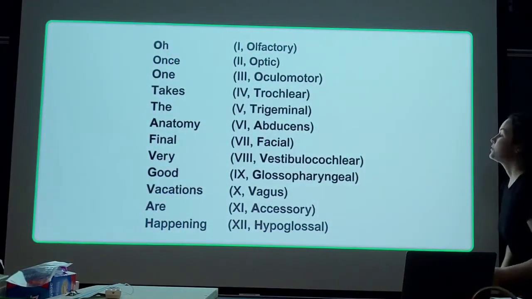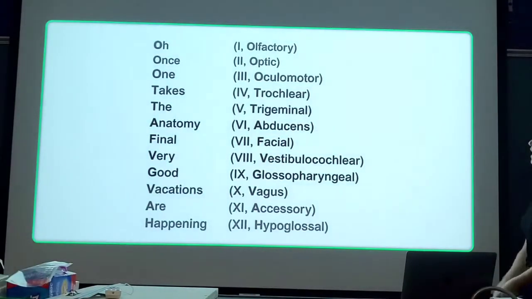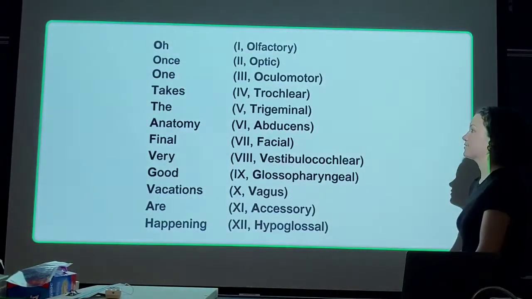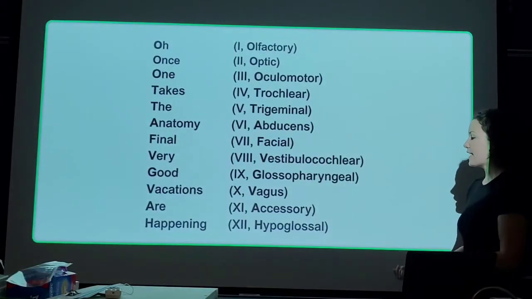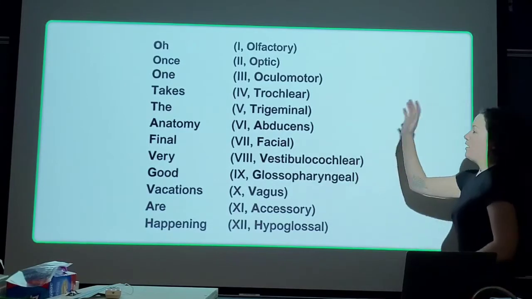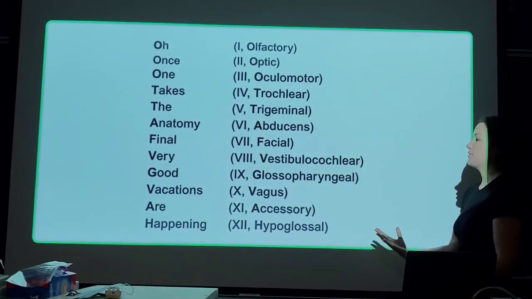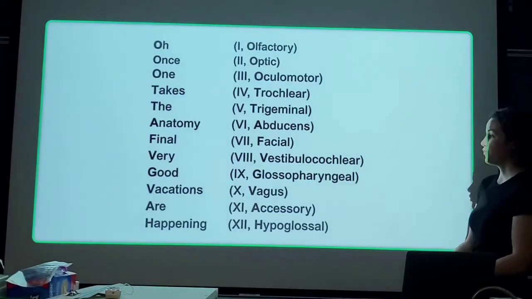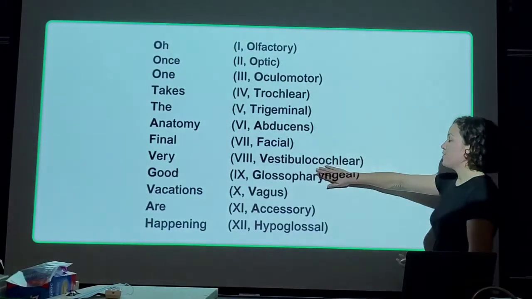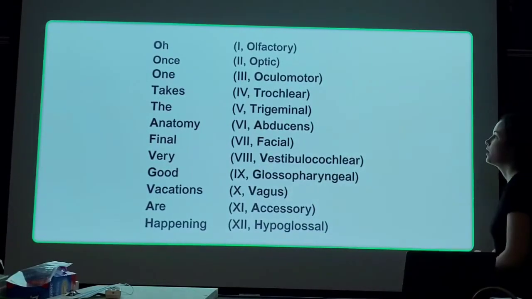I also wanted to introduce the cranial nerves to you. There are 12 cranial nerves, all right? They each have a name. We will go over the functions in a later video. Each cranial nerve is numbered. So I would like you to practice matching the name of the nerve to the correct Roman numeral, all right?